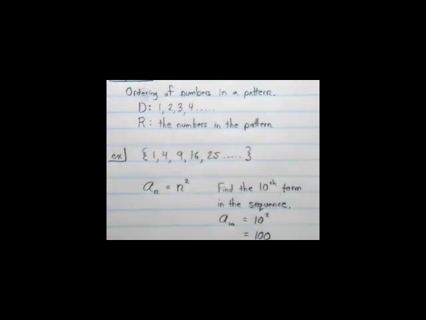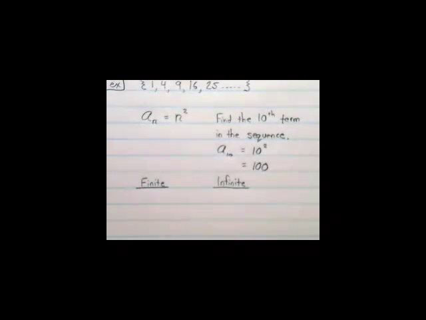Okay, so two different kinds of sequences that we're going to look at: finite and infinite. Do you know what those two words mean? Opposites. How are they opposites? Finite is something that ends, something that's countable.